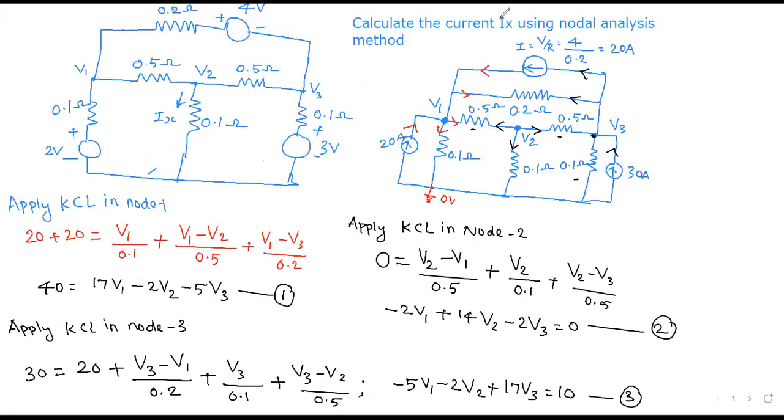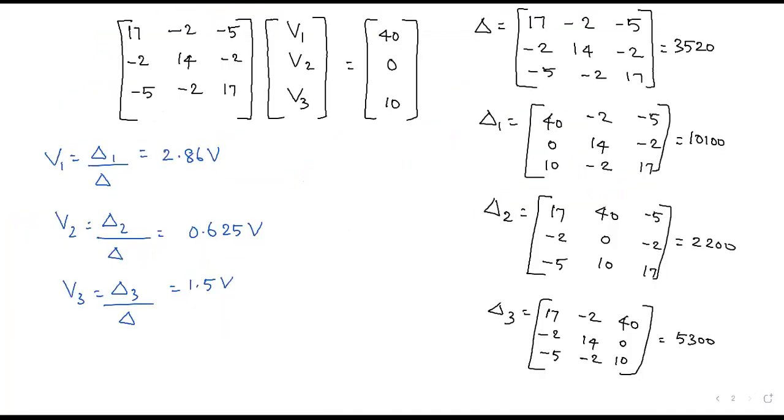Calculate the current Ix. Ix means the current flowing through the 0.1 ohm resistor. What is the current? V2 minus 0 divided by R, V by R, right? The other end is maintained at 0 potential.